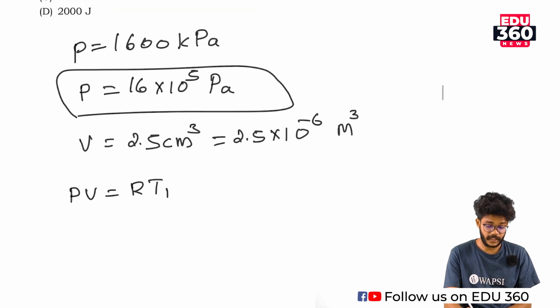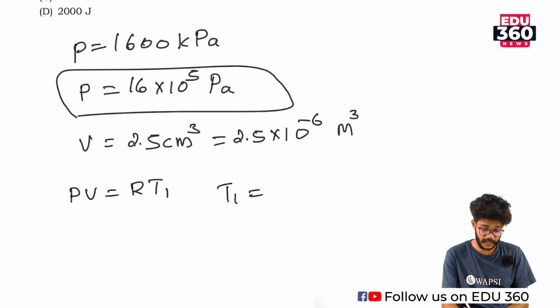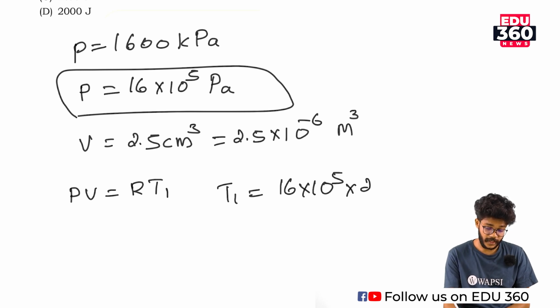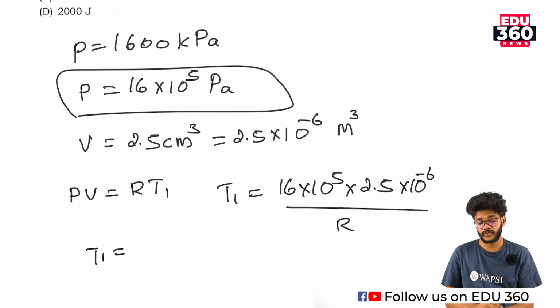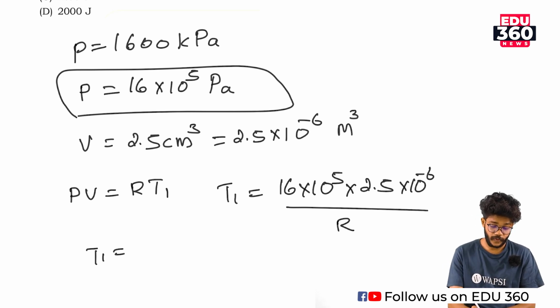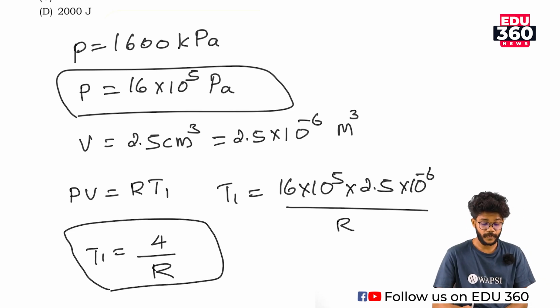So T1 is equal to PV by R. PV is 16 into 10 raised to 5 multiplied by 2.5 into 10 raised to minus 6, divided by R. 16 into 2.5 is 40, and 40 into 10 raised to minus 1 is 4. So T1 is 4 by R.